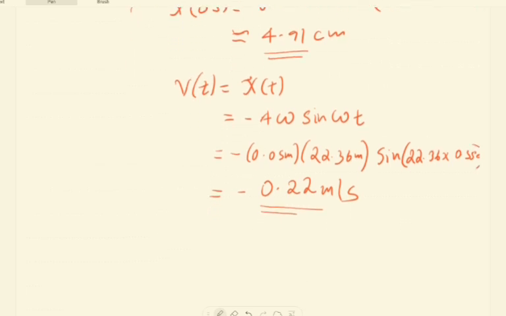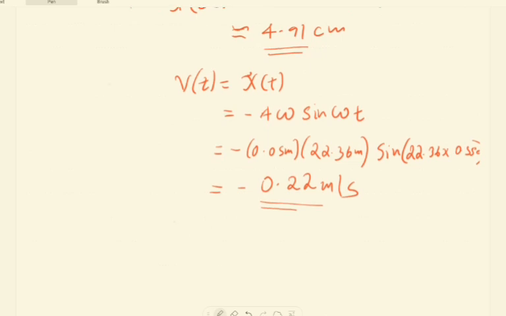The next thing is to calculate the acceleration. Acceleration at any time t is also expressed as a function of t, the second derivative of the position, or the first derivative of the velocity.